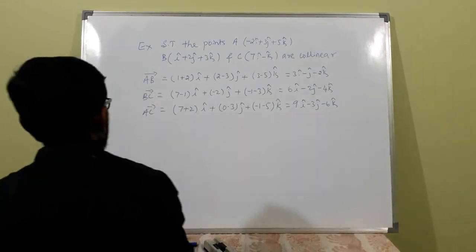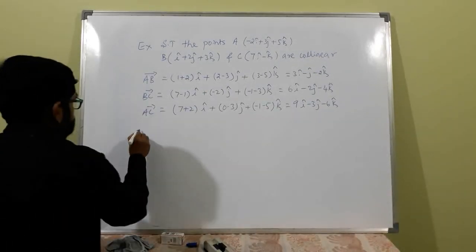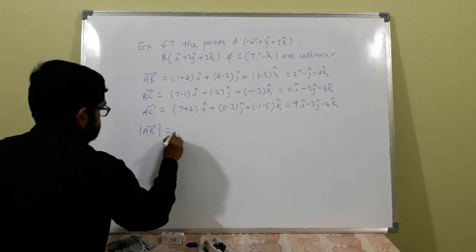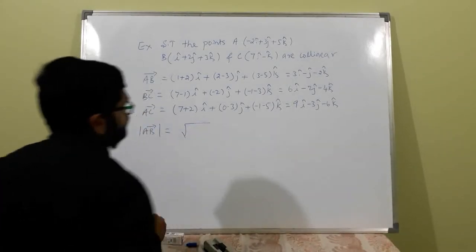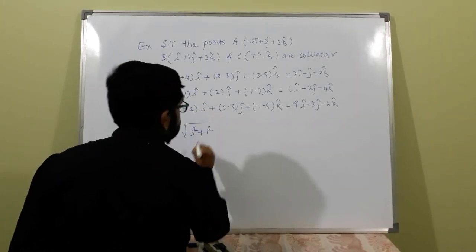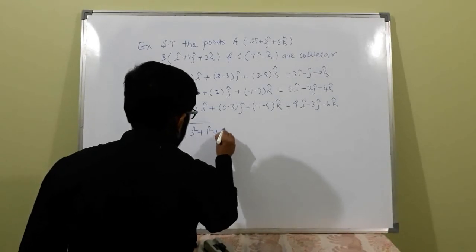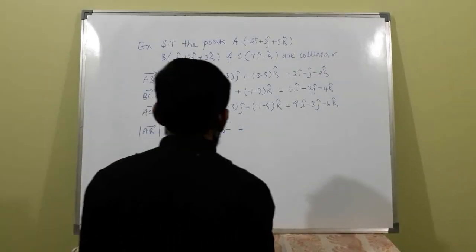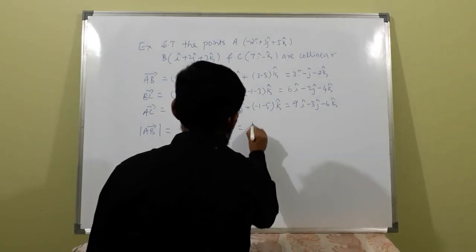Now you have to find the magnitudes of these. AB is the square root of 3 squared plus 1 square plus 2 square, that is 9 plus 1 plus 4, 14, so root 14.